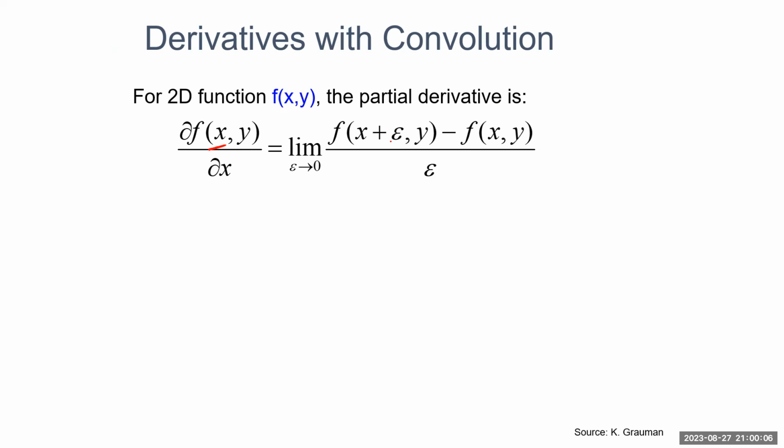I just wanted to check whether I'm annotating on the slides so that I can directly share the slides with you. By definition, we're trying to get the partial derivative with respect to x. So the idea is we have this small increment.